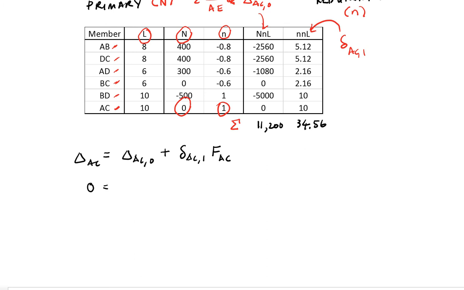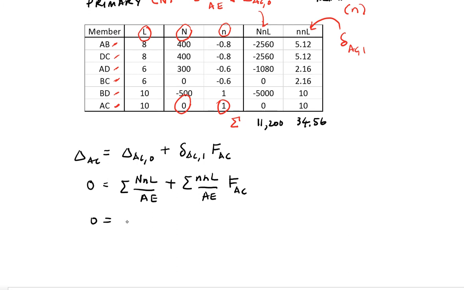Delta AC 0 is the summation of N and L divided by AE. Small delta is the summation of small n and L divided by AE, and then you have FAC.